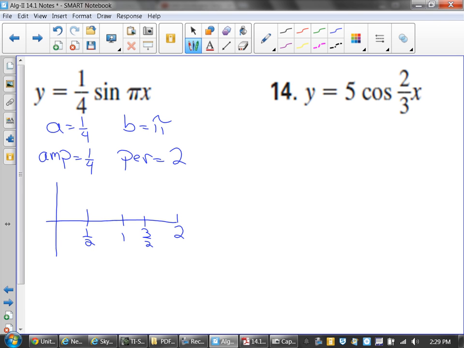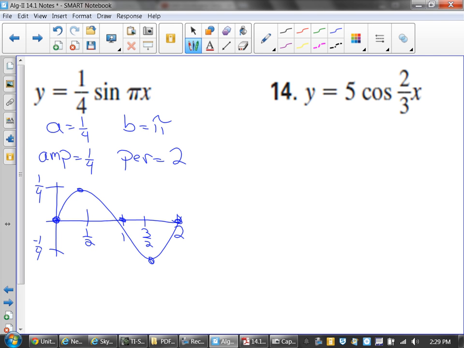There's just no pi. You write it out as is. Your amplitude, or your A value, is 1/4, so it's only going to go up to 1/4 or down to 1/4. Starts at 0, works its way up and around. Again, relatively straightforward.